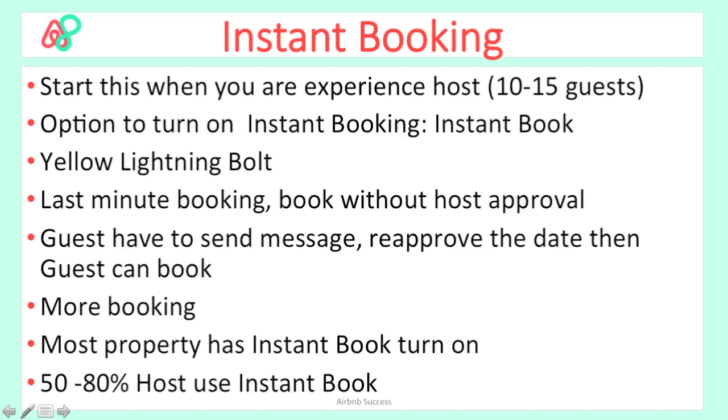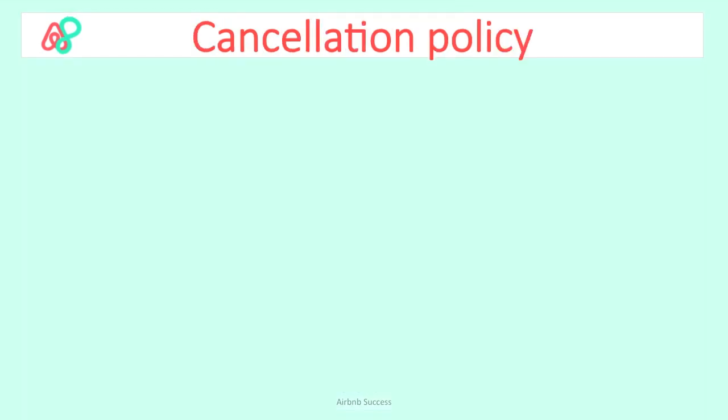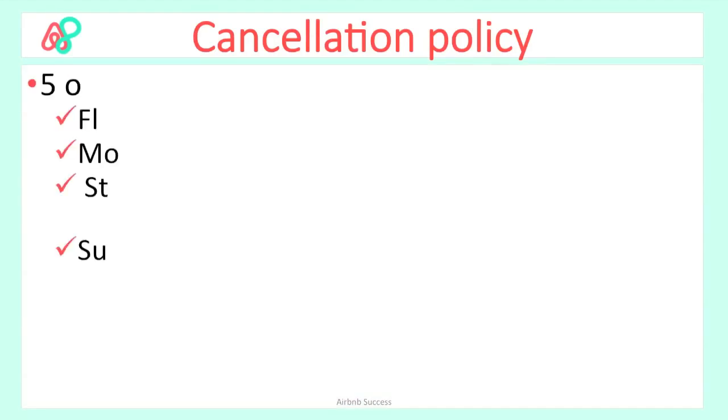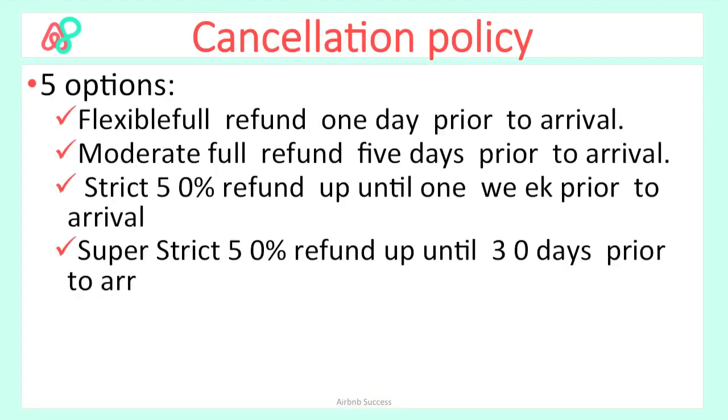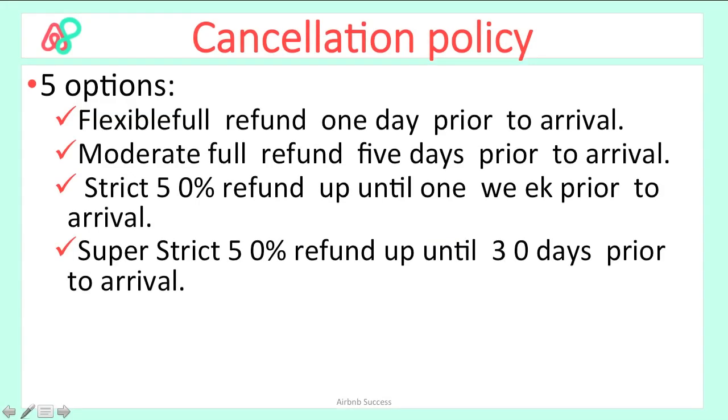So when you decide about instant book, we're moving into the cancellation policies. You got 5 options in here. The flexible one: guests are entitled to a full refund one day before their arrival. And then you have moderate, which means the guests are entitled to a full refund 5 days before their arrival.